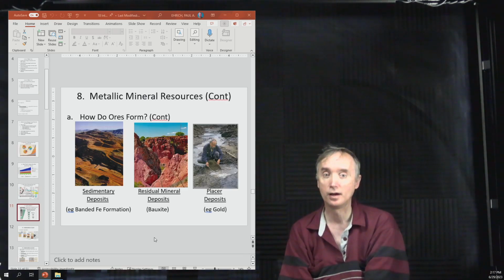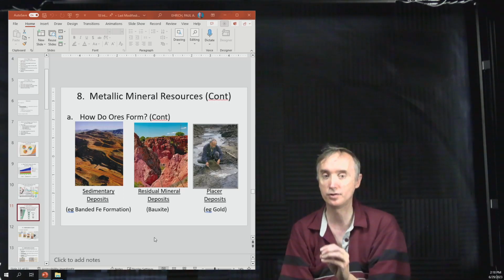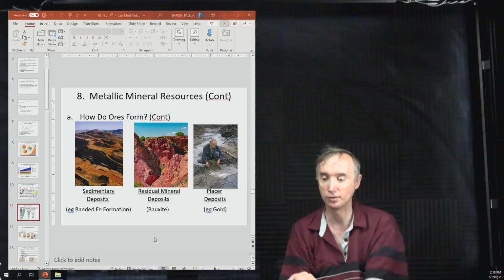And then certain kinds of soils will concentrate clays, and those clays can turn into bauxite, and then we get aluminum out of it, and then also placer deposits. So I would like for you to know about all of these different methods for producing ores.